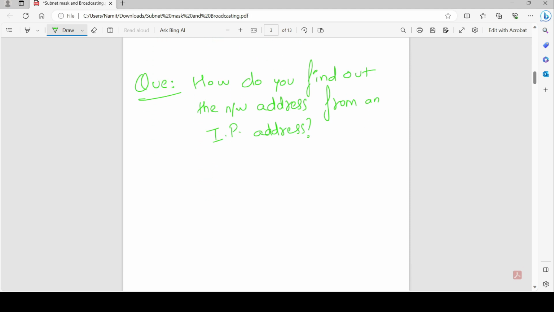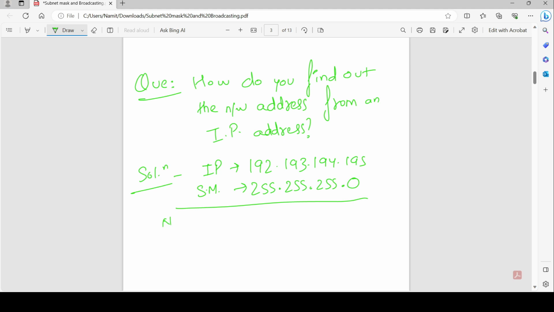Solution. My IP address was 192.193.194.195. We already know what would be the subnet mask, so it would be 255.255.255.0. In order to find the network address, just perform the bitwise AND of the IP address and subnet mask bits.